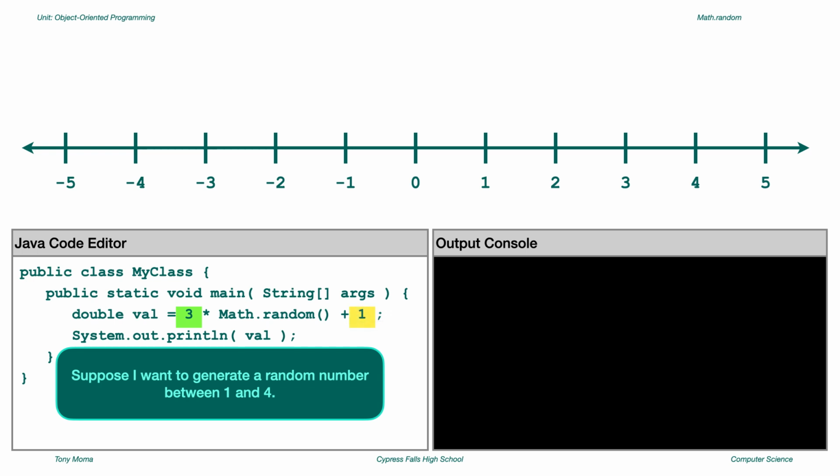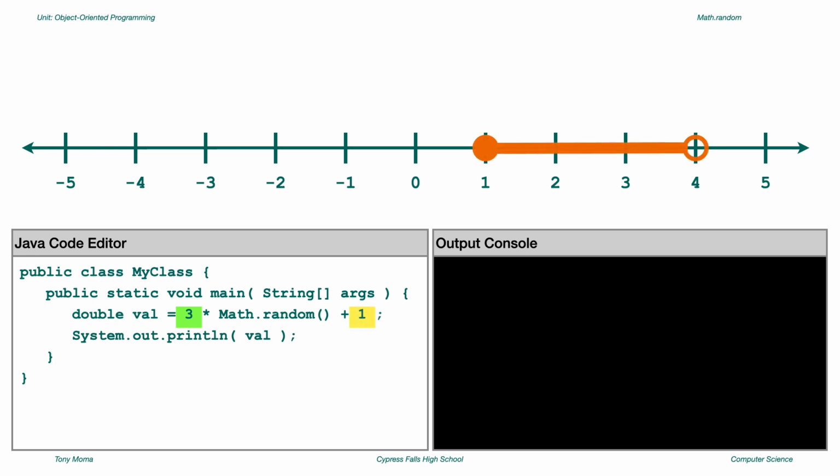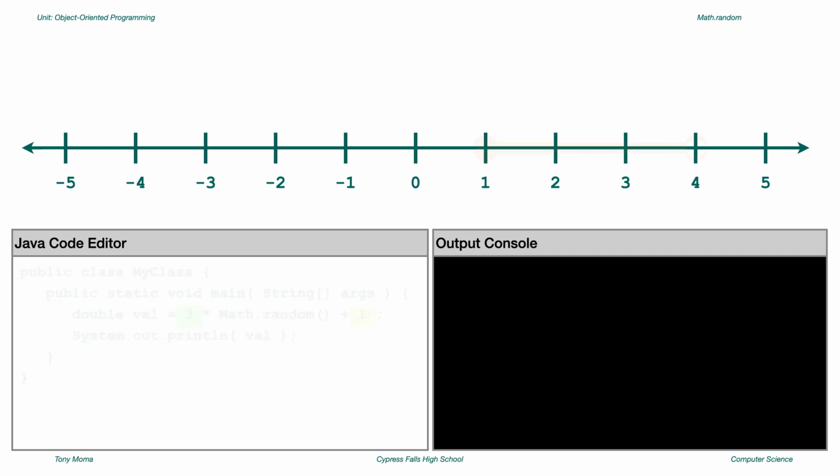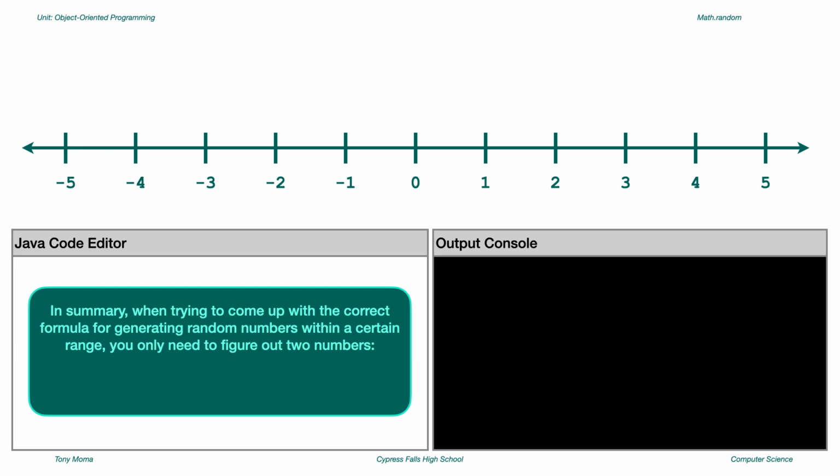So we're going to add 1 to Math.random, thus giving us our expression that generates a random number between 1 and 4. 1 inclusive, 4 exclusive. In summary, when trying to come up with the correct formula for generating random numbers within a certain range, you only need to figure out two numbers: the width and the starting point.